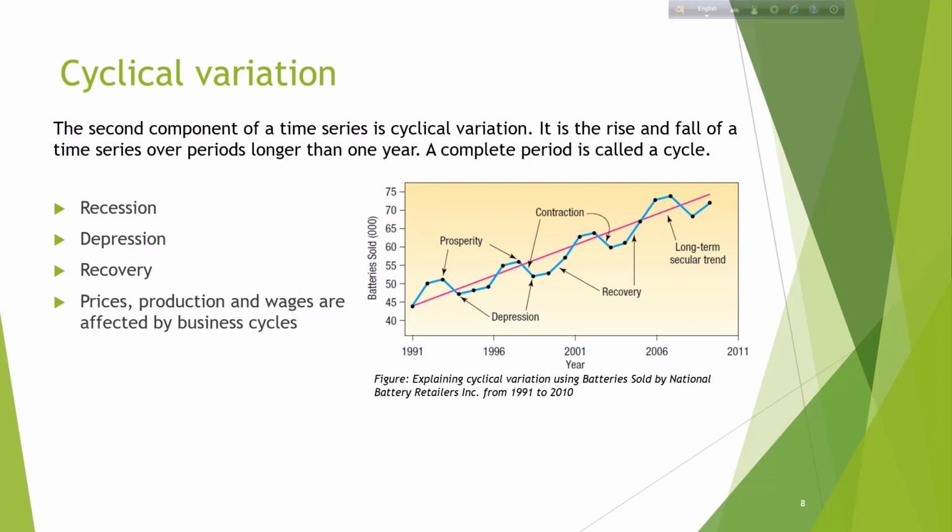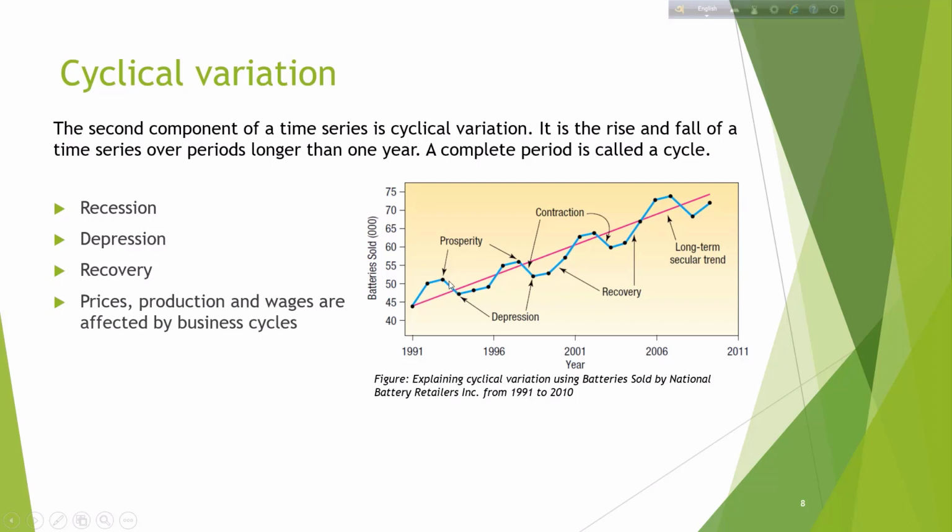In this picture, this is an example of batteries sold by national battery retailers. Here, the x-axis shows the time in years from 1991 to 2010, and the y-axis, the vertical axis, shows the batteries sold. So you can see that in 1991 the quantity of batteries sold is increasing, but in 1994 it's decreasing.